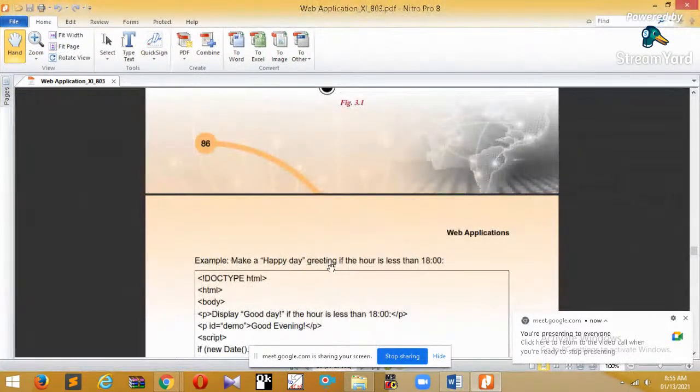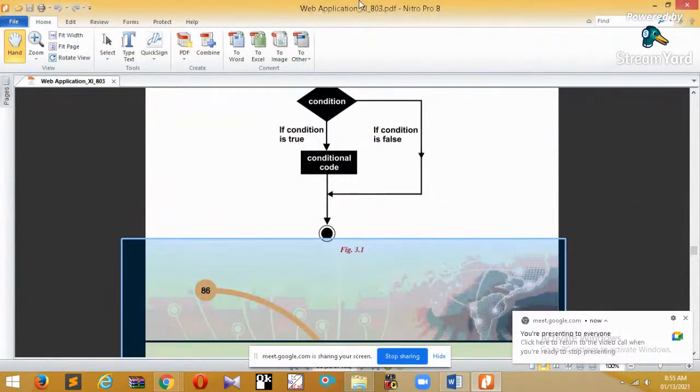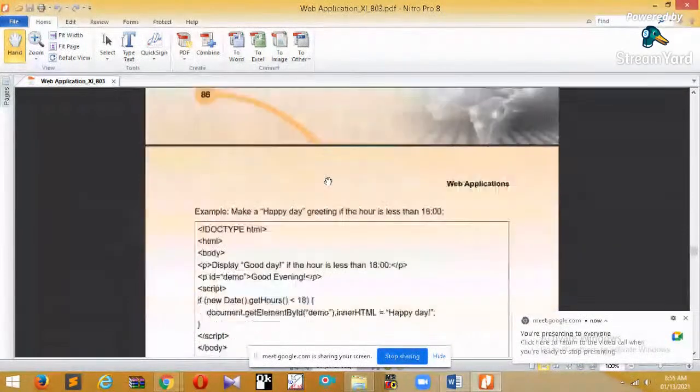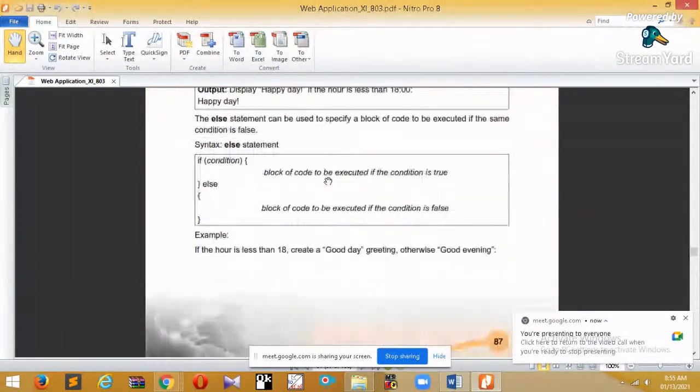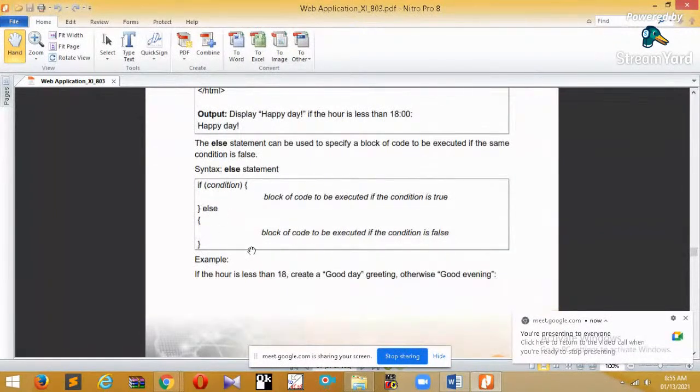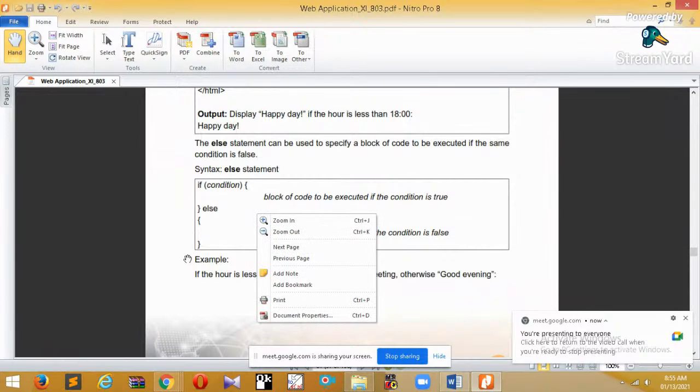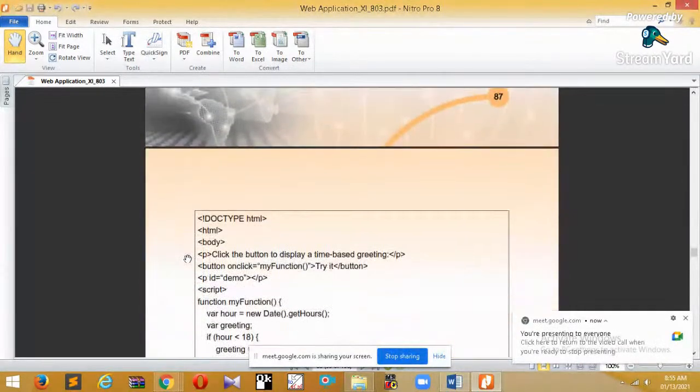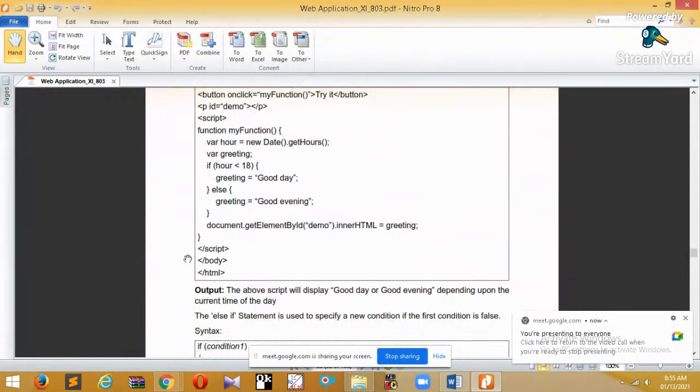Thank you. Next, let me show you which part I'm moving to presently. Here I have shown you the statement of if else statement. Here is the syntax given, and based on that, a few examples are also provided. It is directly used inside the HTML code only.